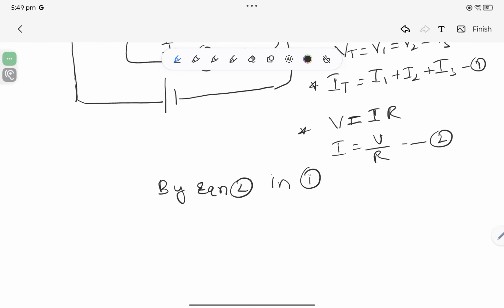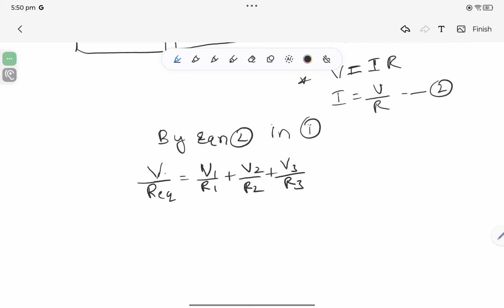I total is equal to V by R equivalent, which is equal to I1 plus I2 plus I3, that is V1 by R1 plus V2 by R2 plus V3 by R3. According to parallel condition, V total is equal to V1 is equal to V2 is equal to V3.